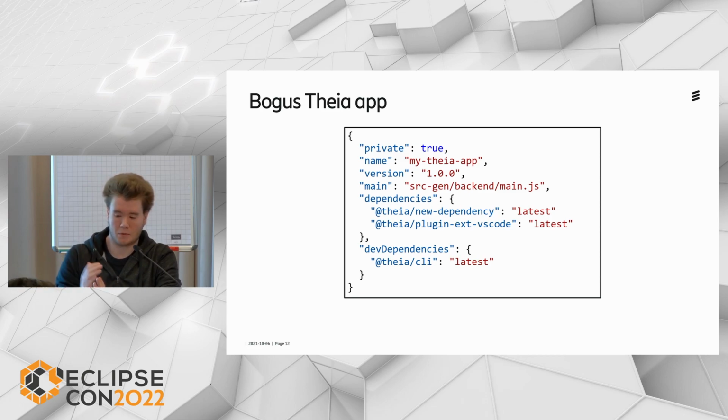And so you deal with all the NPM dependencies, essentially, because let's consider this bogus Theia application. In this case, I still have my dependency on plugin X VS Code, and I add a new one on some other Theia package.